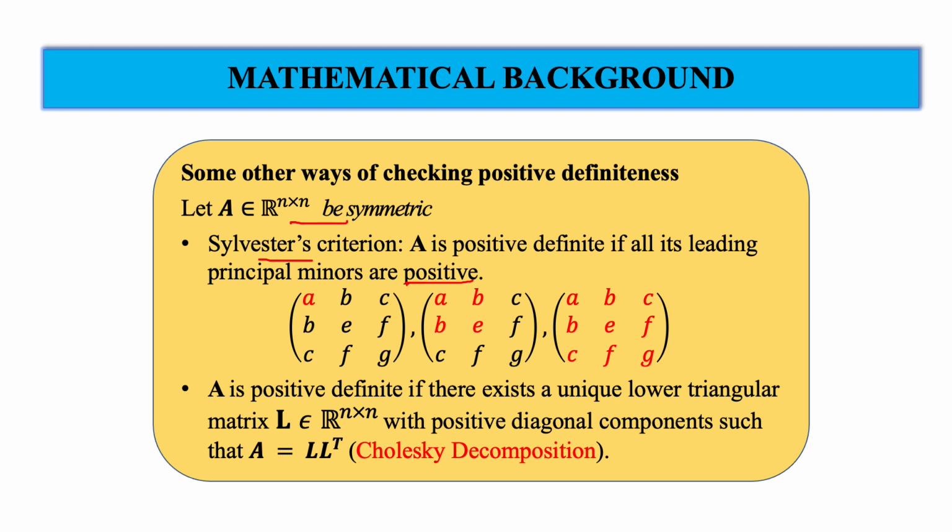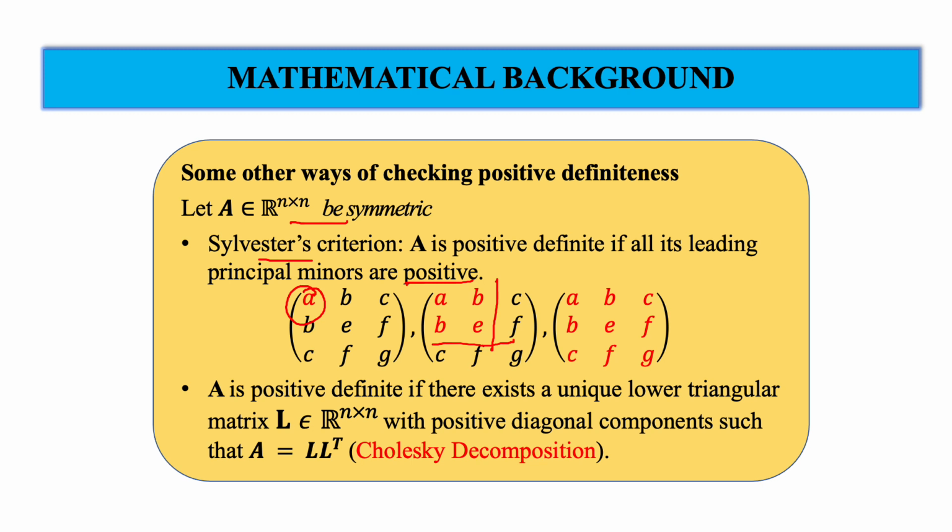Now you take the determinant of those leading matrices. The leading 1 by 1 matrix is A, and it has a positive determinant. Then you take the leading 2 by 2 matrix, which consists of A, B, B, E. The determinant of this should be positive.